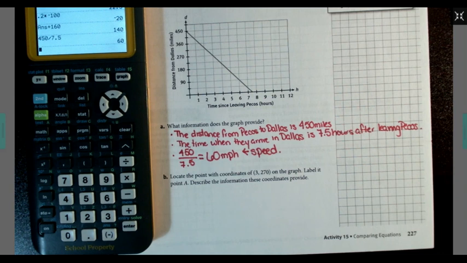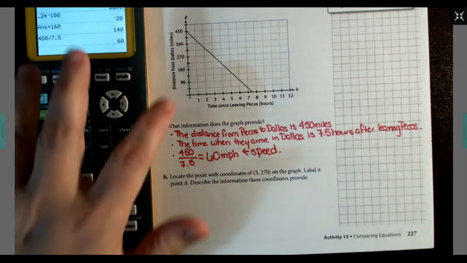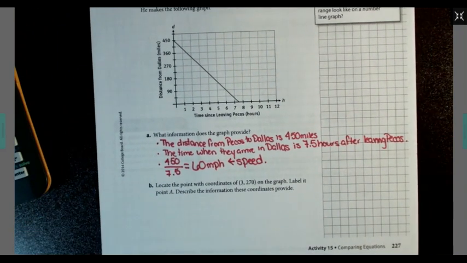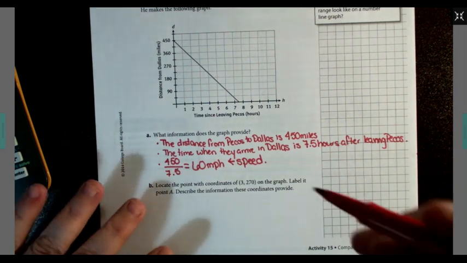B. Locate the point with coordinates (3, 270) on the graph. Label it point A and describe the information these coordinates provide.